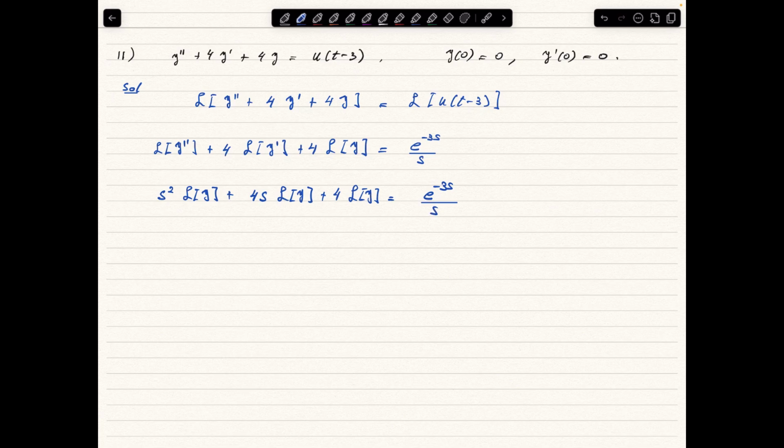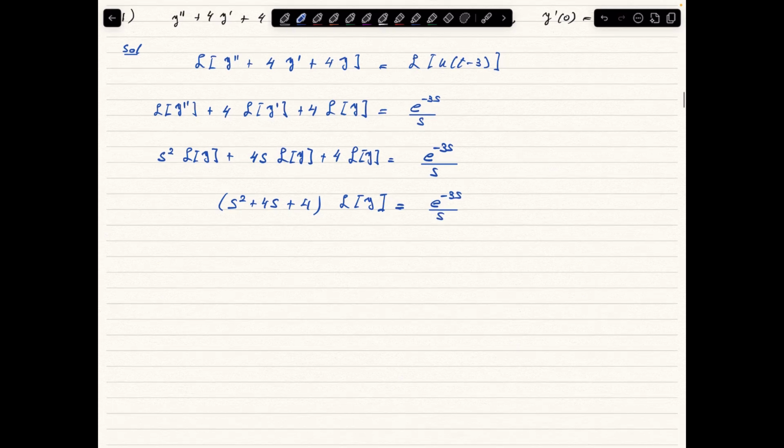So we can pull the Laplace transform of y as a common factor from these three terms, and we get something simple: s squared plus 4s plus 4, all multiplied by the Laplace transform of y, has to be equal to the exponential negative 3s over s.